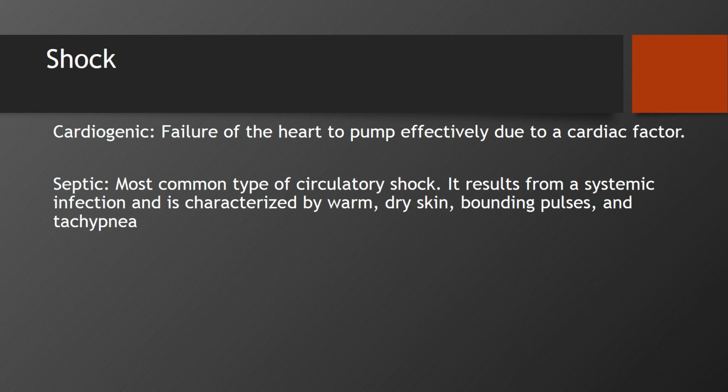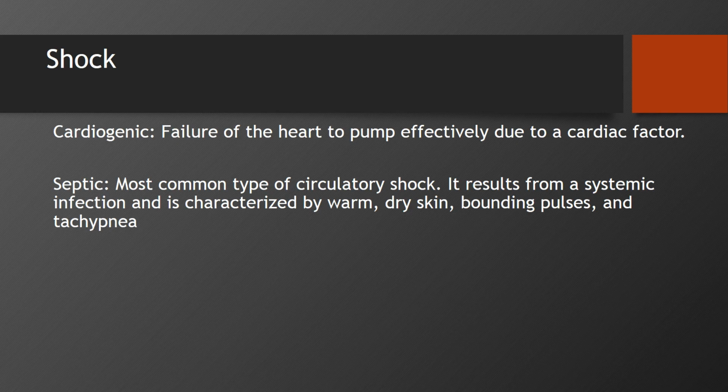So when someone develops sepsis, they are not just automatically going to be in septic shock, okay? There are different levels of sepsis, okay? Your initial stages of sepsis are going to be where your body's inflammatory response has kicked in. So that's why you see here it's characterized by warm, dry skin, bounding pulses, and tachypnea, because that's your body's initial response to the infection, the inflammatory response, right?